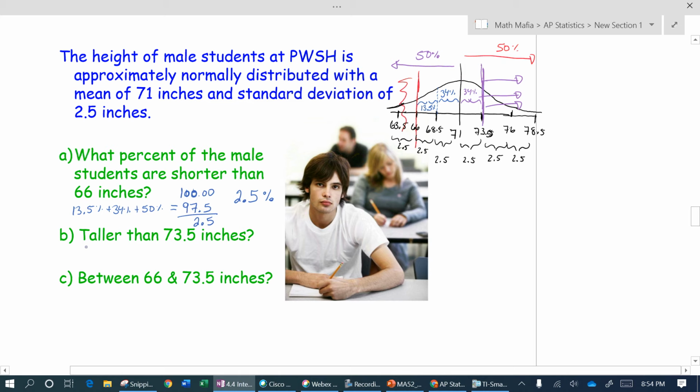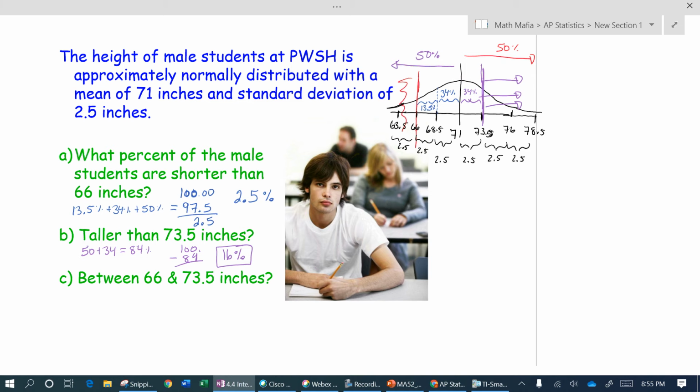So we're able to take our 50% and add the 34% to it to get 84%. Then we're going to take 100% and subtract the 84% from that. When we do that, we're going to see that we have a value of 16%. So 16% of the male students are taller than 73.5 inches.